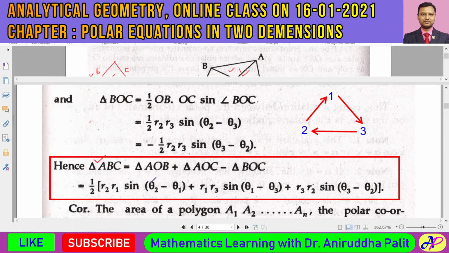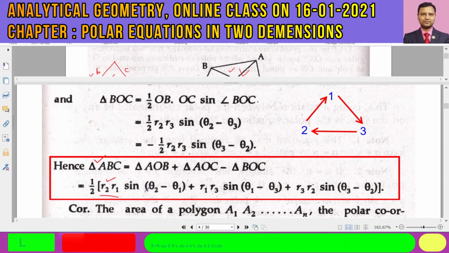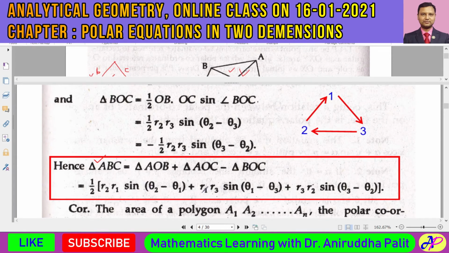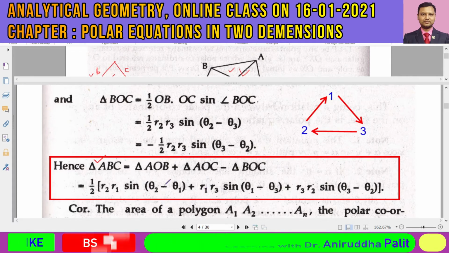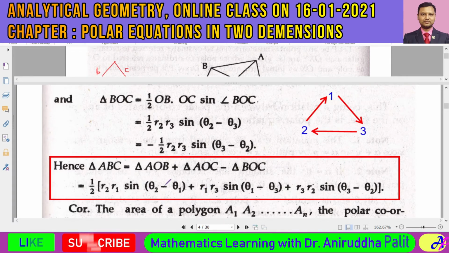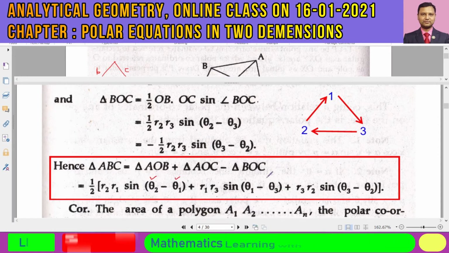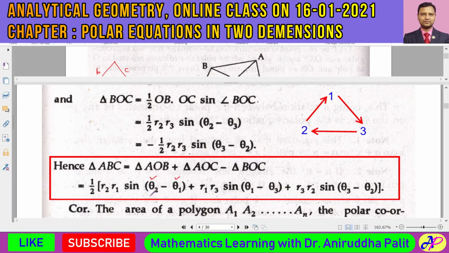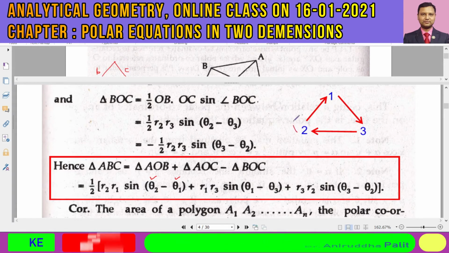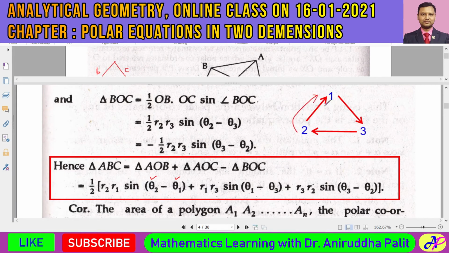You see over here, the first term is R1 R2 or R2 R1, it doesn't matter. Whatever expression you write over here, it doesn't matter. We are actually interested in writing this expression of R2 minus R1. Therefore, I am writing starting from 2 to 1, we have an arrow.